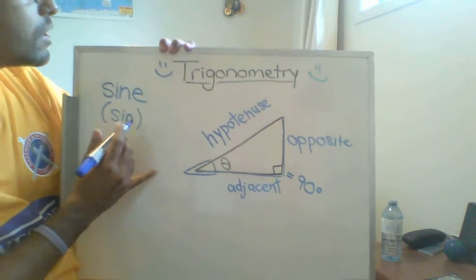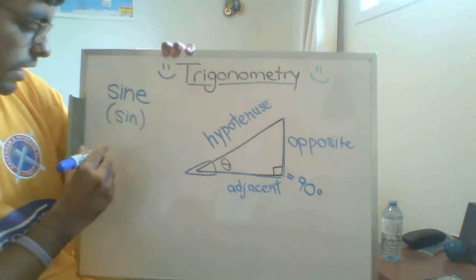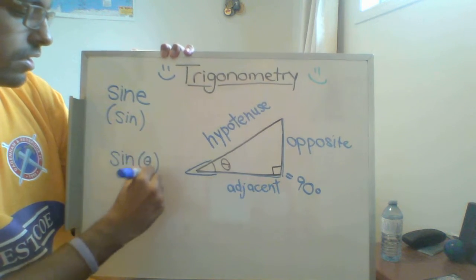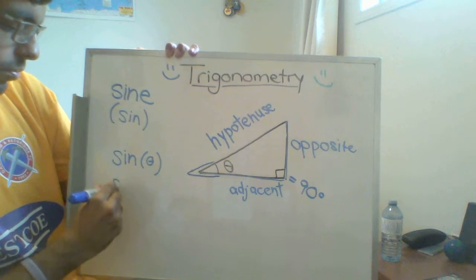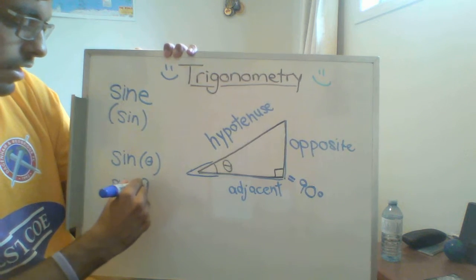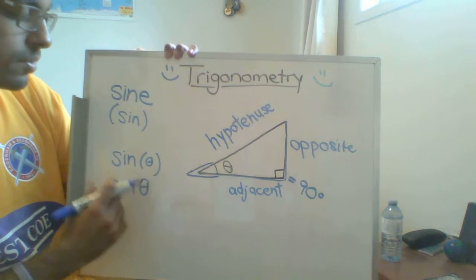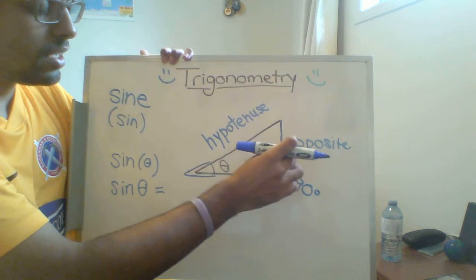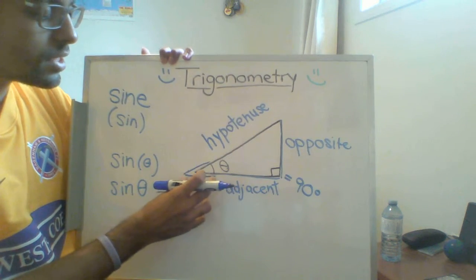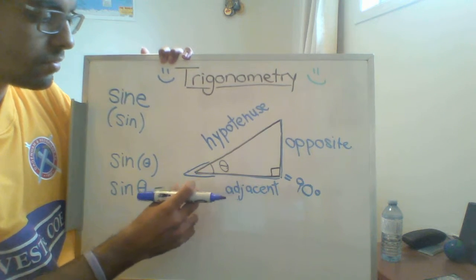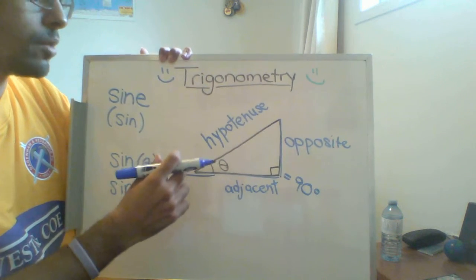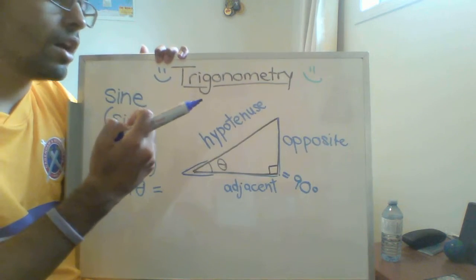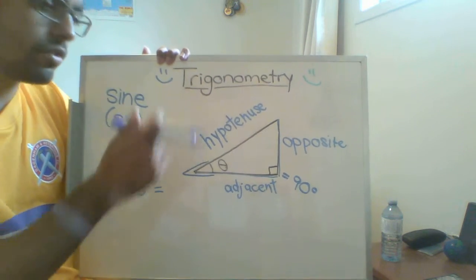So you've got your sine function. You'd write it as sine of theta. You can put the brackets if you want, but you don't have to. You could write it like this, sine theta. This means that the value of sine theta, sine being this trigonometric function we're working with, is a ratio. It's a ratio of the lengths of two sides of the triangle.